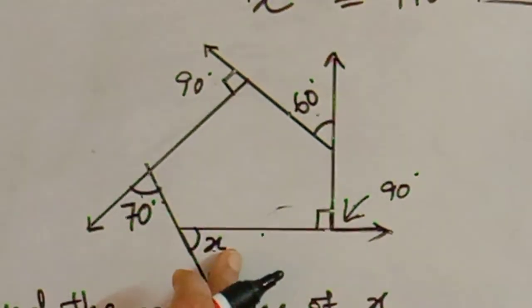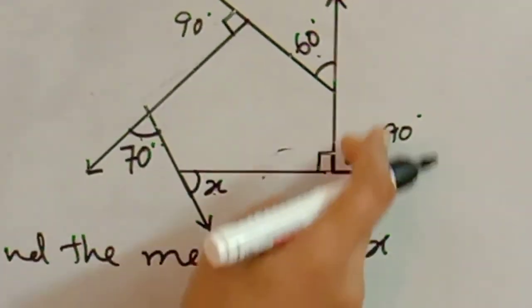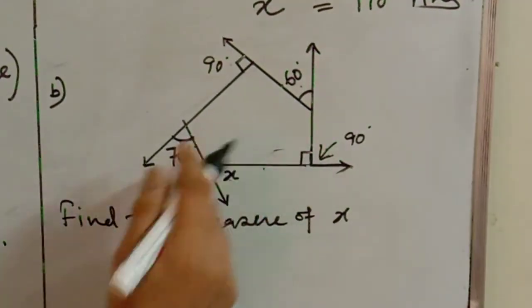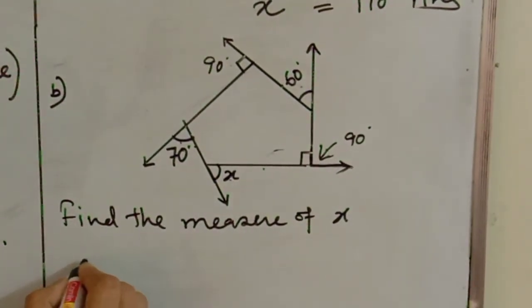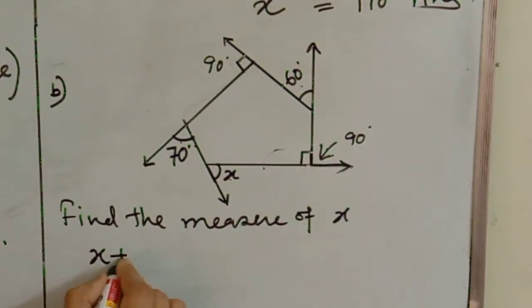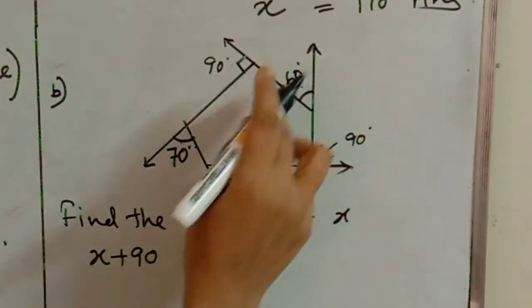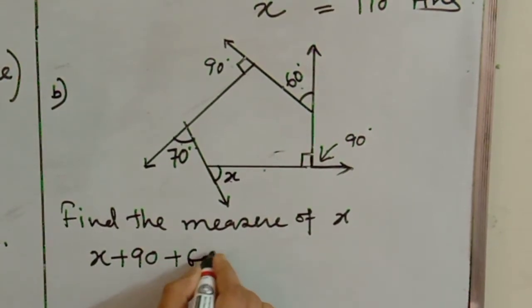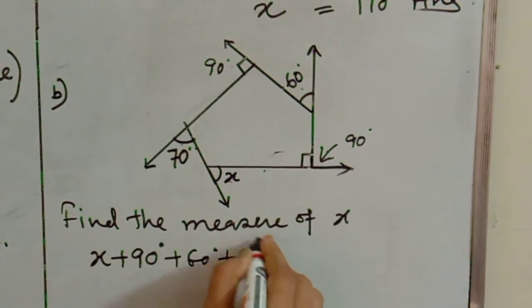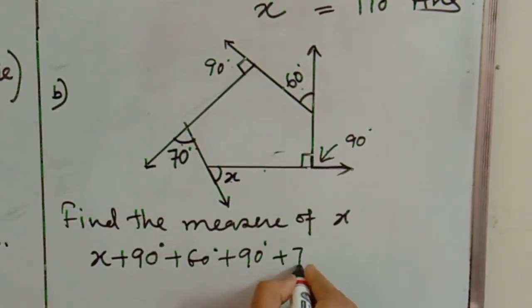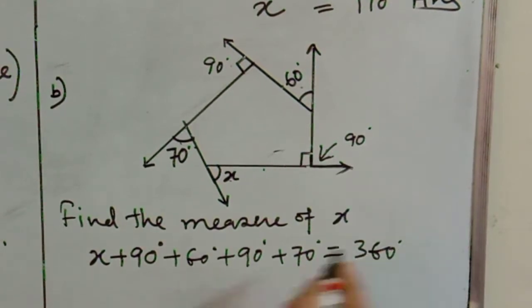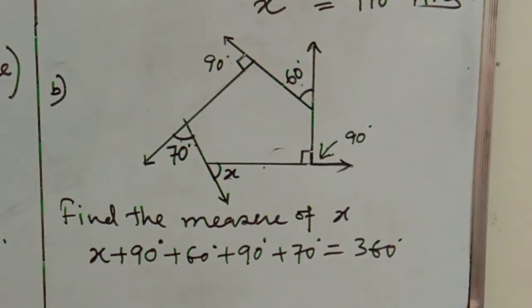If you want to find the value of x, you have to use the property of the sum of the exterior angles of a polygon.